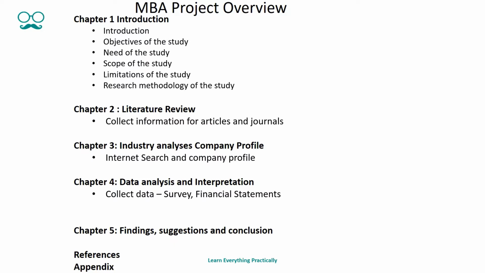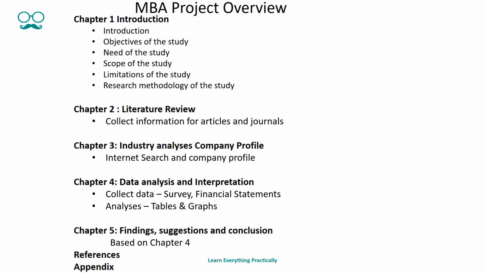You should collect the data, analyze it, and interpret it in the form of tables and graphs, and then provide your inferences. After that, it's time to provide your findings, suggestions, and conclusions based upon Chapter 4. This is the typical structure of an MBA project, which is followed widely. And after that, references and appendix.